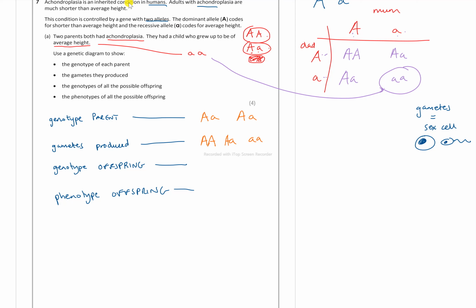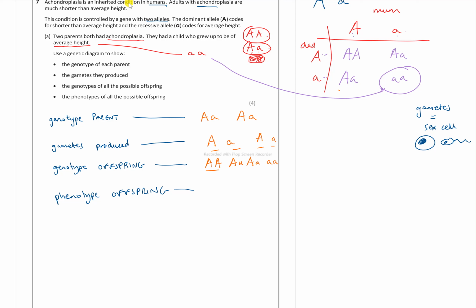Let's undo that, I put that in the wrong section. So you're going to produce A and a. So these are the four gametes. The genotype of the offspring is this table.